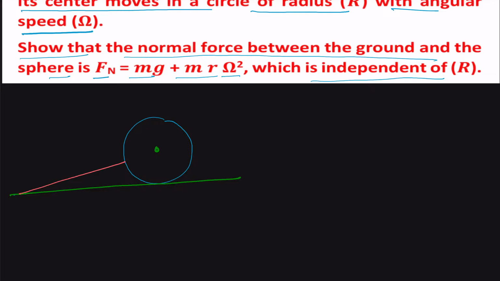So this is a stick, and we are given that small r is the radius of the sphere, and the distance from the pivot point of this stick up to the center is given as capital R. It is also rotating about this pivot point with an angular speed of omega, and m is given as the mass. So this is the basic figure given to us.